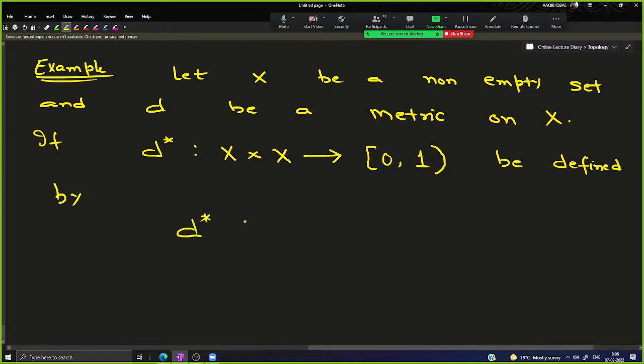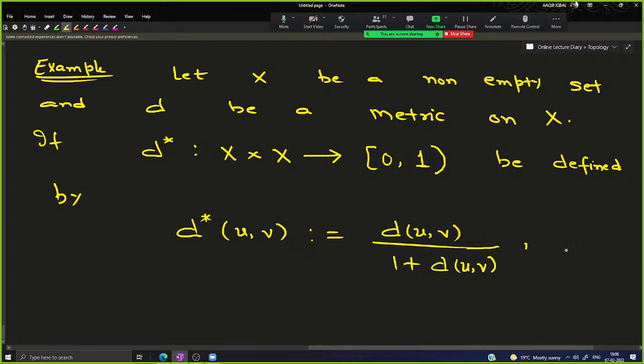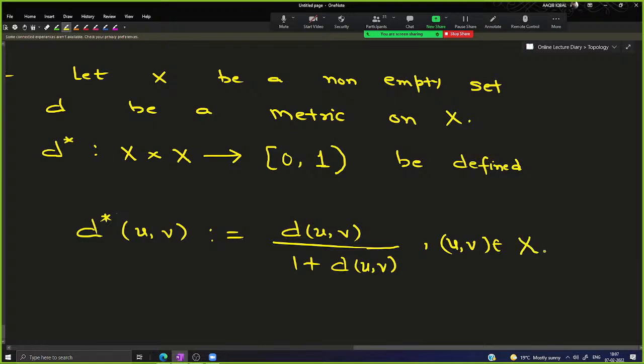If d star is defined in this way, d star of u comma v is defined to be d of u comma v divided by 1 plus d of u comma v. पहले आप चेक करिए जो मैं क्लेम कर रहा हूँ क्या वो हो रहा है यहाँ पर या नहीं. Defined by this for u comma v in X cross X.